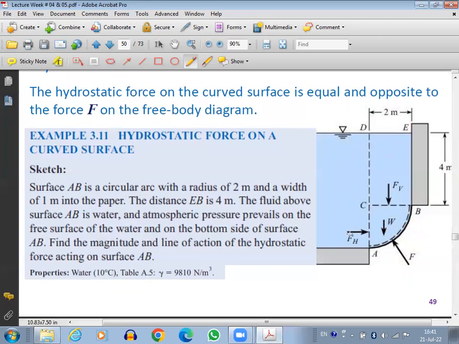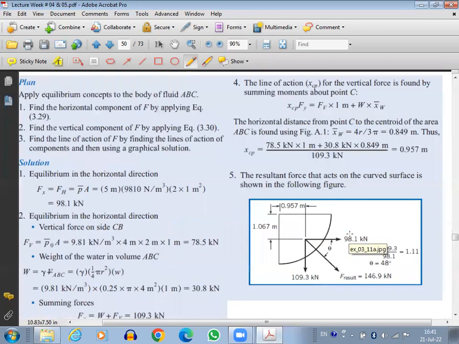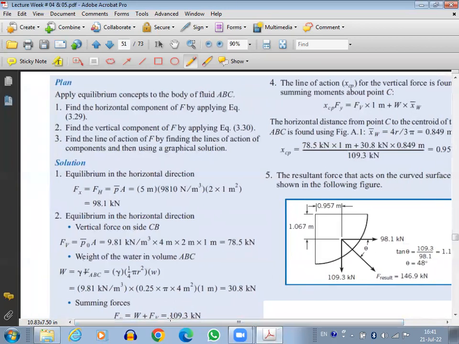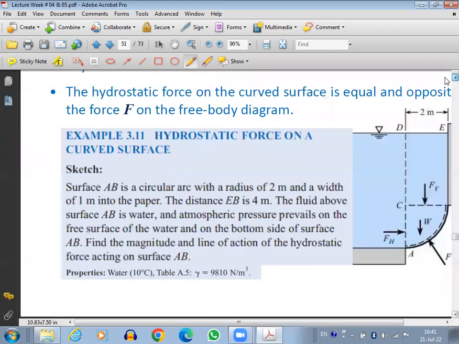Okay, so let's move towards the solution. Now, what I've told you is that in case we have a curved surface, we find the hydrostatic force over horizontal and vertical projections. So let's say this is our curved surface.